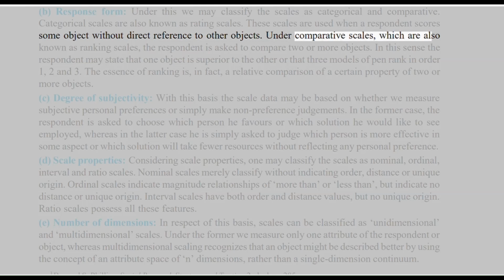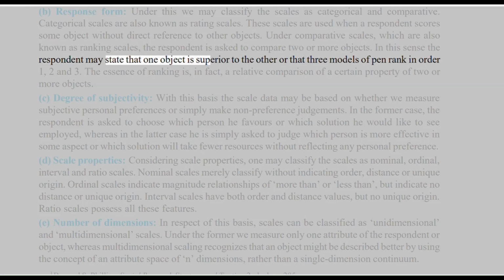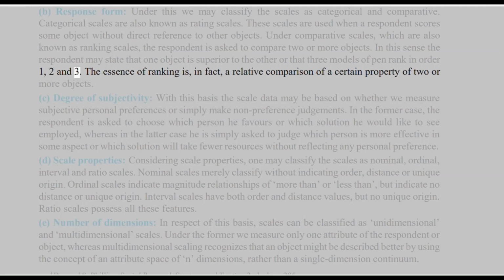Under comparative scales, which are also known as ranking scales, the respondent is asked to compare two or more objects. In this sense, the respondent may state that one object is superior to the other, or that three models of pen rank in order 1, 2, and 3. The essence of ranking is, in fact, a relative comparison of a certain property of two or more objects.